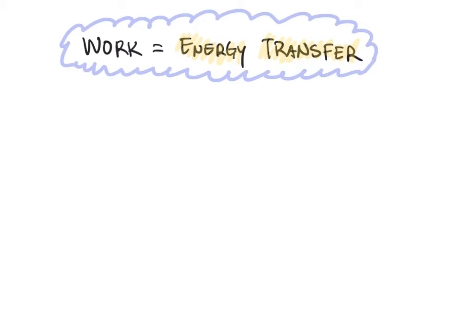Now, I mentioned in the very first video that in this unit, when we talk about energy, we're thinking about mechanical energy. So I just want to remind you that for this unit, we're thinking about just what we call mechanical energy, which, remember, is the energy associated with moving objects, so the energy associated with moving masses.